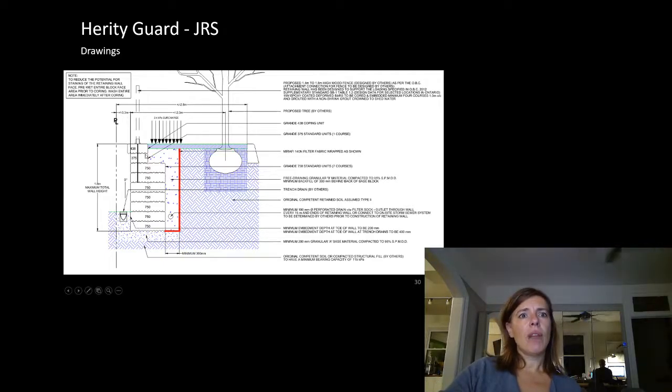Interestingly enough, I specified on the drawings what loads they needed to include in this armor stone design. So they had their surcharge, they had their soil load, and they needed to worry about the overturning because I wasn't designing the armor stone. There was pushback from the armor stone people saying that these wind loads that I had used were not what they calculated.